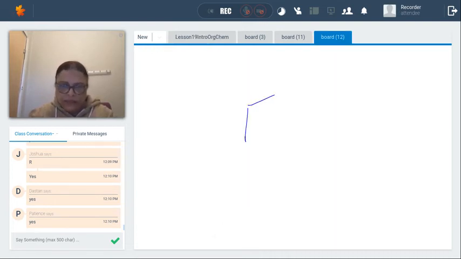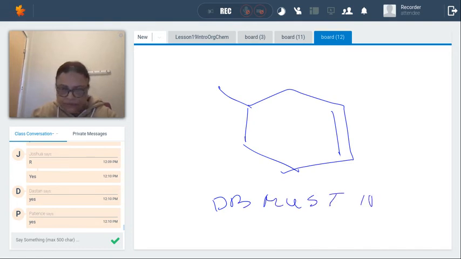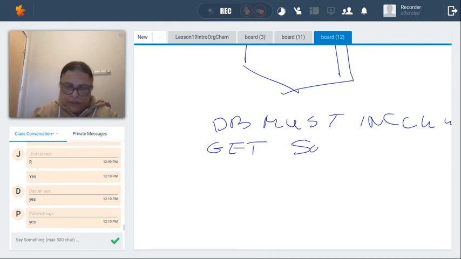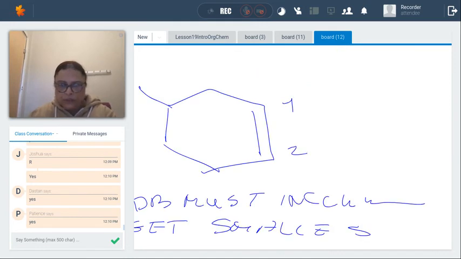If you have here a double bond with a methyl, you must include the double bond. The double bond must be included and get the smallest number. Okay, so I can count 1, 2, in which case 3, 4, 5. So the methyl will get 5.